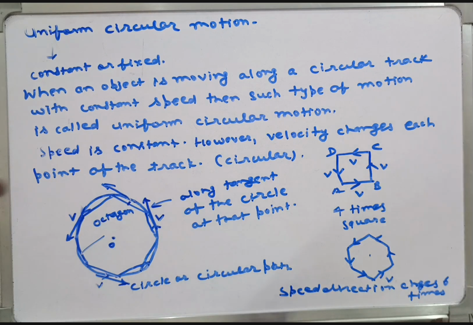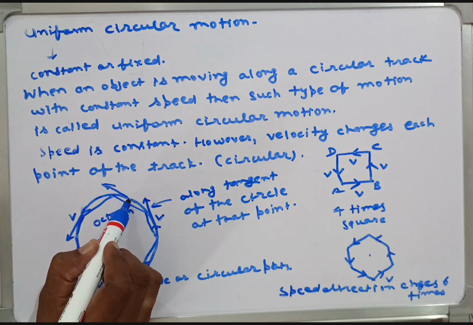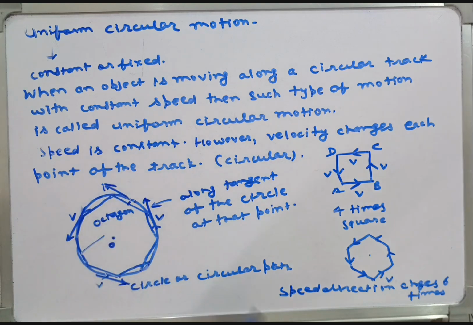So when the number of sides of the regular polygon increases too much, the sides become part of the circle, and the direction of the object along the side now becomes the tangent of the circle.